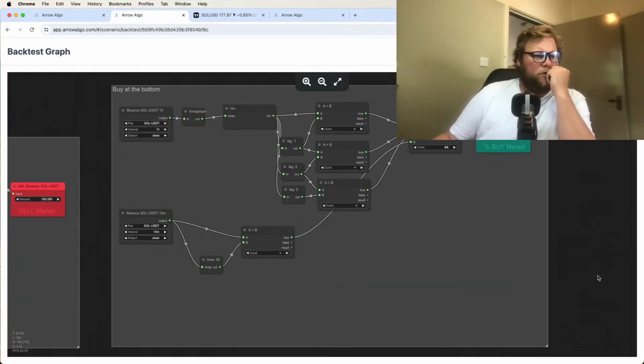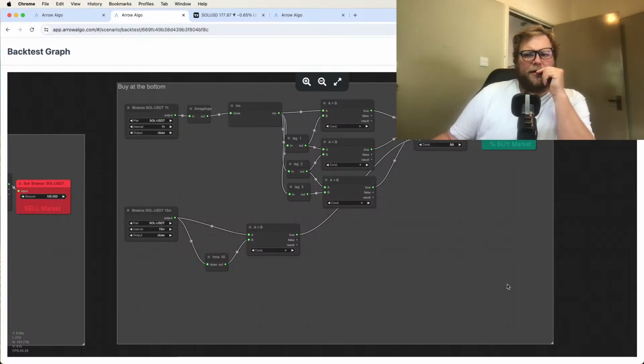So we just had the two rules to start with. The first was the linear regression slope, the second was to do with the price and its whole moving average.